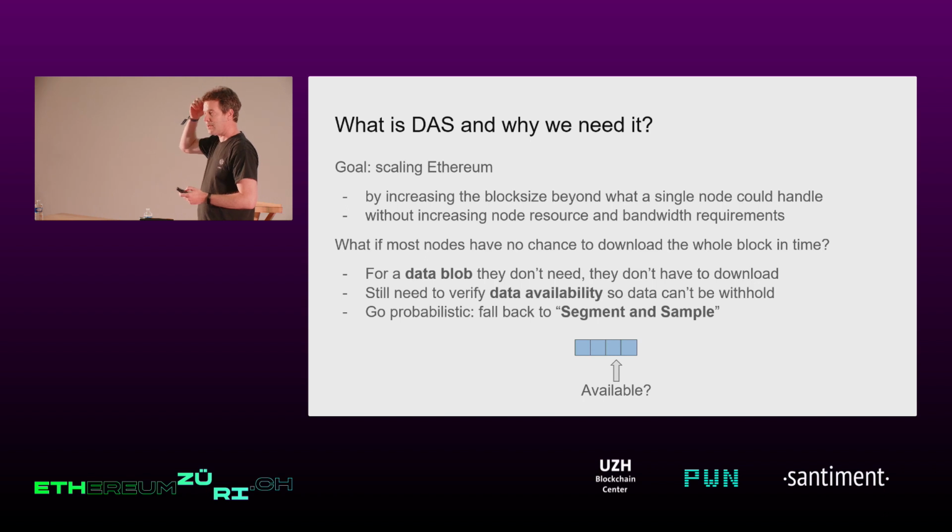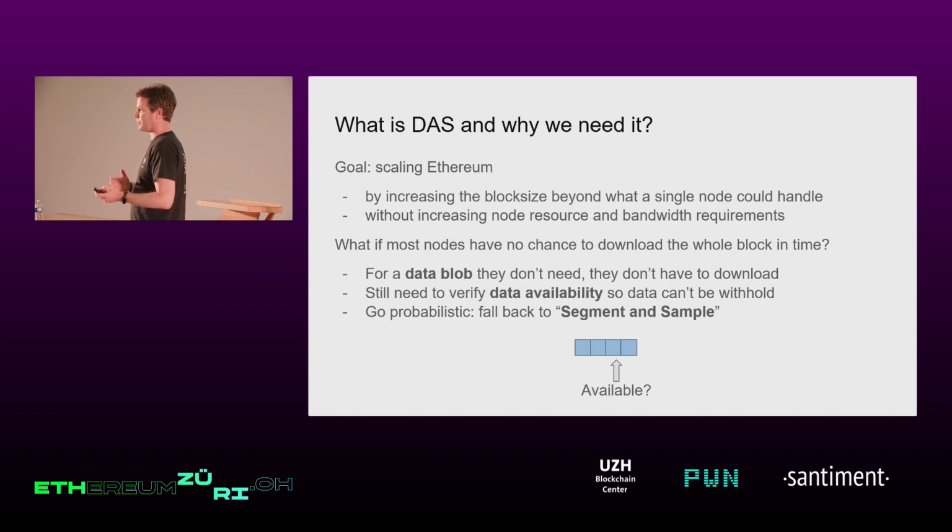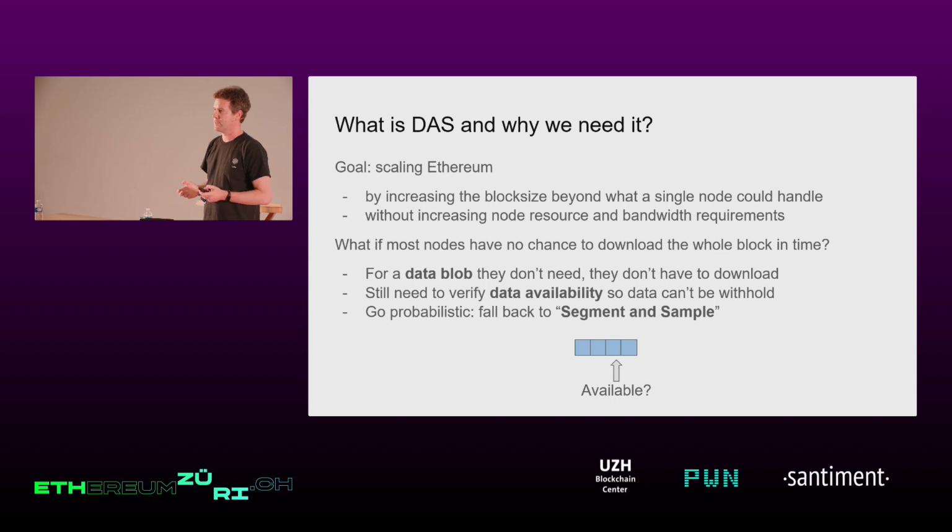And the something else that you can do is sampling. It's probabilistic sampling. So the other realization is you don't have to go deterministic and download the whole block. You can do probabilistic sampling, a statistical test. And based on that, you can hope to be lucky enough to figure out if data was not actually released, and thus you know that the data is not available, and you can disregard that block.